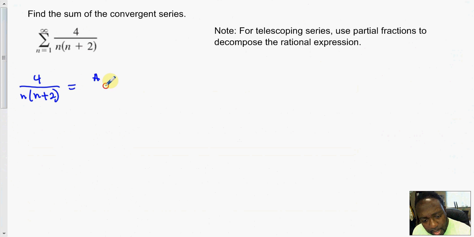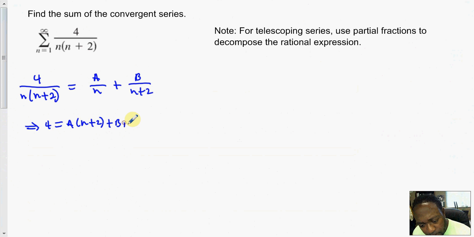So this is a over n plus b over n plus 2. Just good old partial fractions. So here, this implies that 4 is equal to a times n plus 2 plus b times n.